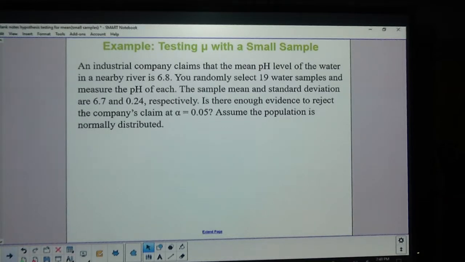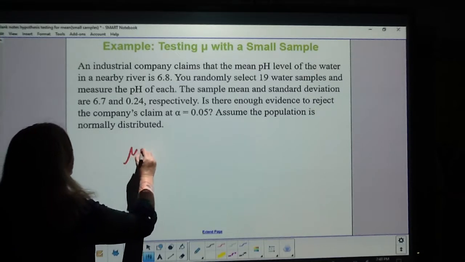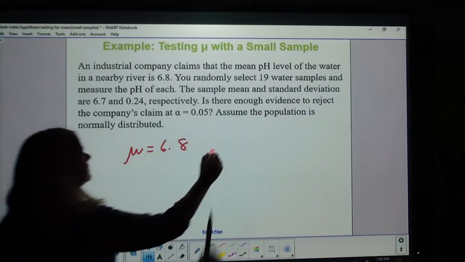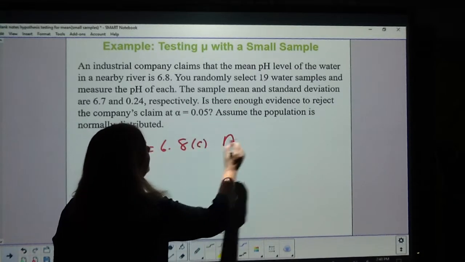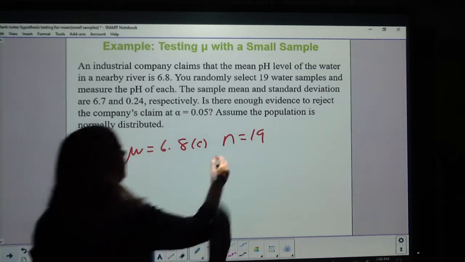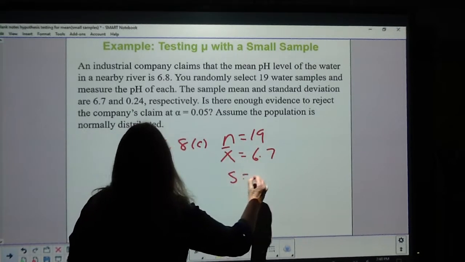An industrial company claims that the mean pH level of water in a nearby river is 6.8. So they are claiming this. You randomly select 19 water samples, and you have the sample mean and the sample standard deviation.